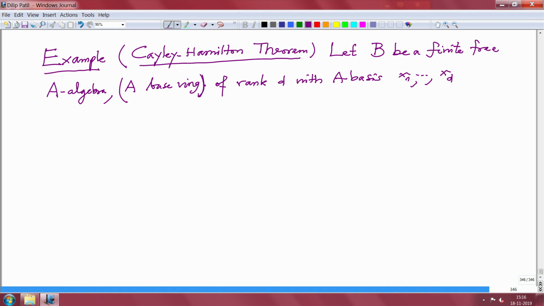Let me also remind you that not all algebras are finite, and not all algebras may be free. Alright, so this is our given setup, and for an arbitrary element x in B, let lambda x be the map from B to B, left multiplication by x on B, so that any y in B is mapped to xy.